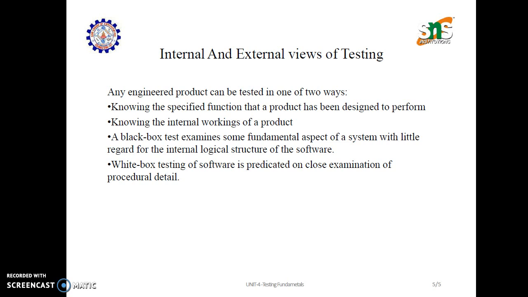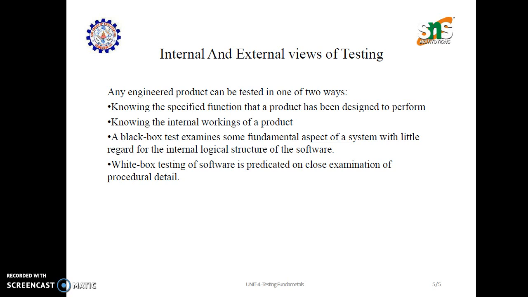But the external shows clear transparency of how the product was developed. So we have black box and white box testing. Black box speaks about the internal, white box about the external. It shows the fundamental aspect of the system with records, whereas white box testing shows closer examination which has transparency.